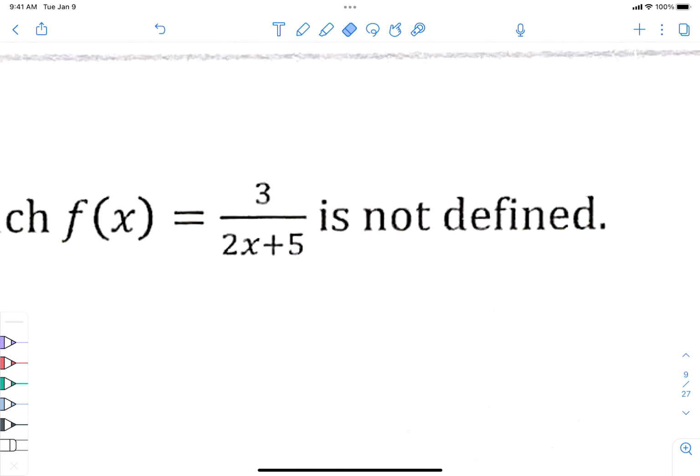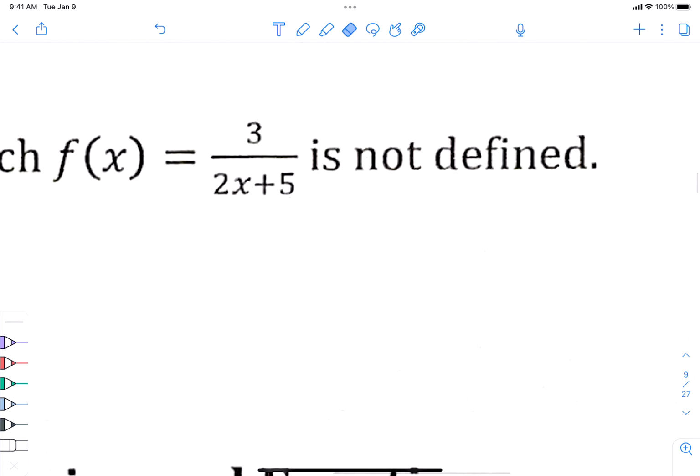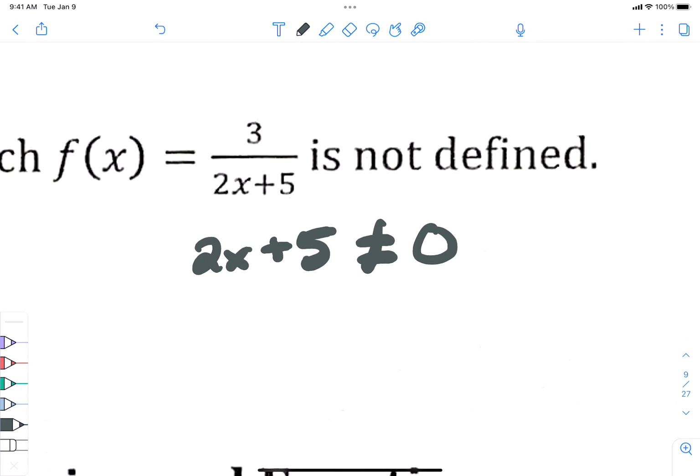So this is one where you probably can't do it in your head, or maybe you can, I don't know. But if you can't do it in your head, we say that 2x plus 5, we never want that bottom part to be 0. So we want him to not be equal to 0, right? That bottom part, we don't want him to be 0. And then we just kind of solve for x just like we would if it was an equal sign, okay? So what would you move first?